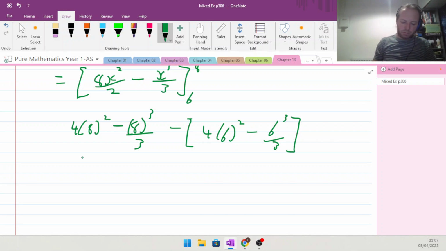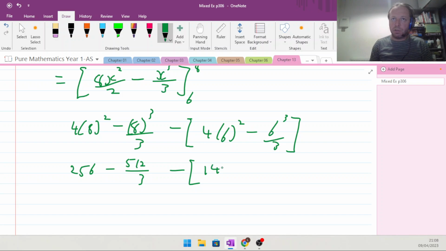So 8 squared is 64, times 4 is 256, take away 8 to the power 3, which is 512, divided by 3, is still 512 over 3, minus 6 squared, 36 times 4, 144, minus 6 cubed, 216, divided by 3, 72.